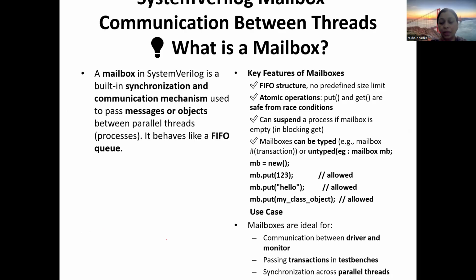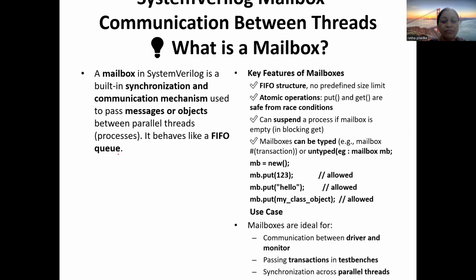Now, we have SystemVerilog mailbox. What is that? Mailbox is used to communicate between threads. It is a SystemVerilog built-in synchronization and communication mechanism, which is used to pass messages or objects between parallel threads or processes.